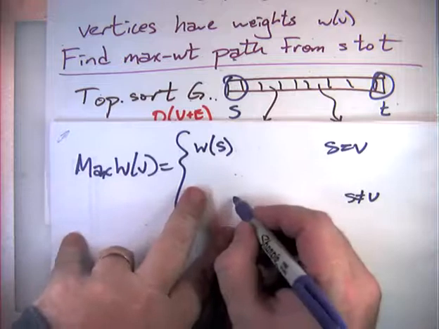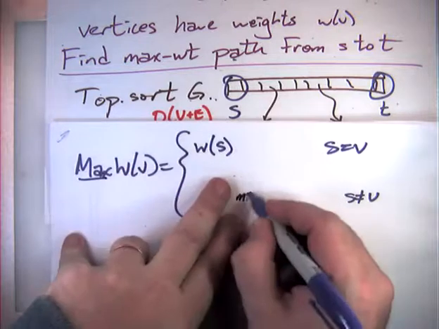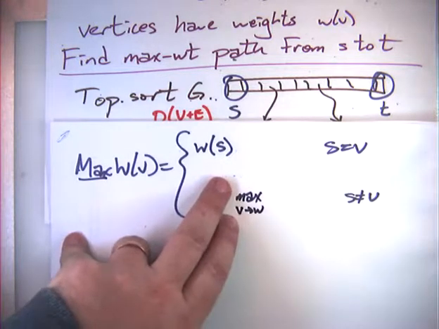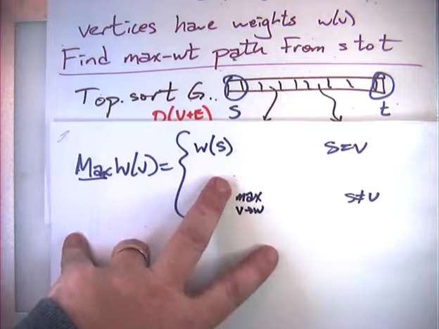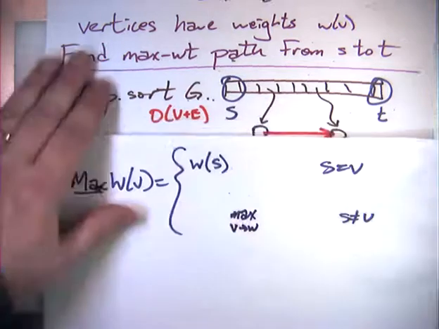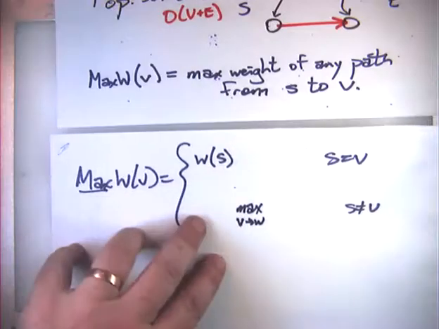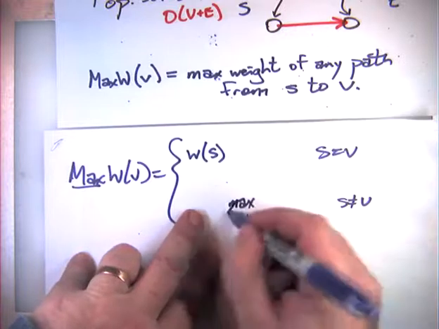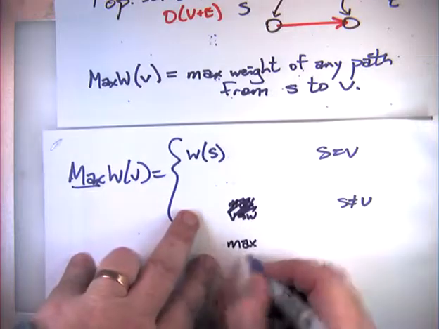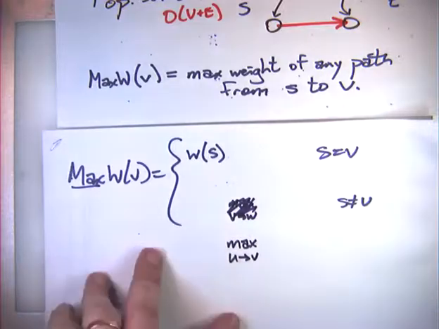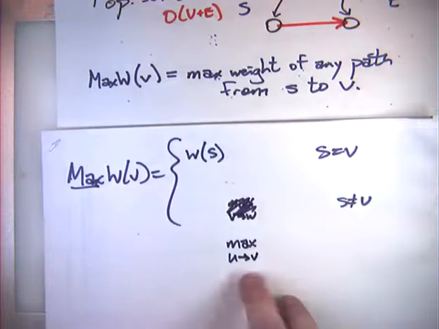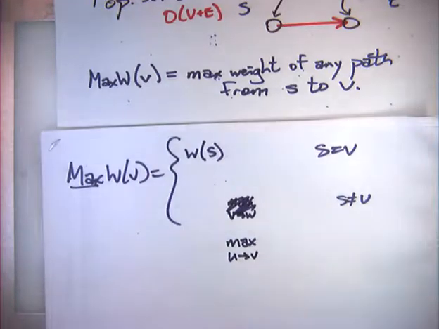Okay, so presumably I want to maximize something over all edges leaving V. No, yeah, the question I want to ask is what's the last edge? So actually I want to maximize from U into V. And then, given that I've decided on a particular U, what is the length of the path going to be?